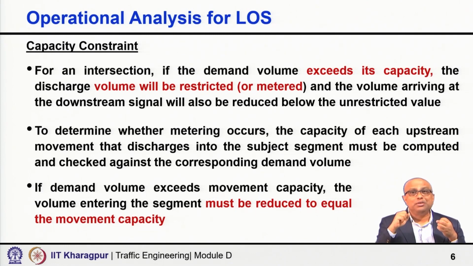Discharge volume will not be equal to the demand, because demand might be more, but the intersection has its own capacity. Every approach, and even every movement, will have some capacity, but the details will be known later. At this stage, let us consider that every approach will have a capacity. So, if the demand is more than the capacity, then the discharge volume, what is actually getting discharged from that intersection, will be restricted, or metered. We can call it metered.